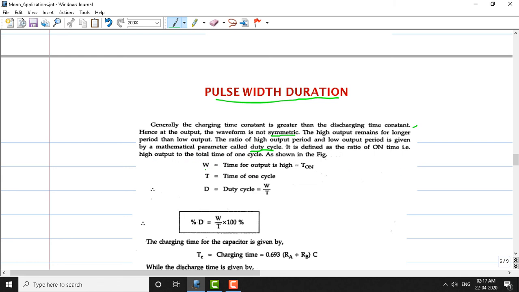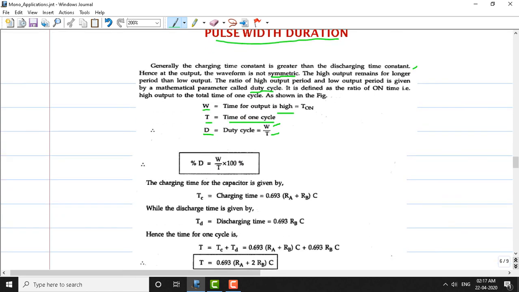So if we indicate W as the time for the output staying at high level, and capital T as the time period, then the duty cycle is given by W divided by capital T. W is nothing but the on time, and capital T is the total time period. Usually we express duty cycle in percentage, so we multiply that with 100. So W by T into 100 gives the duty cycle in percentage.